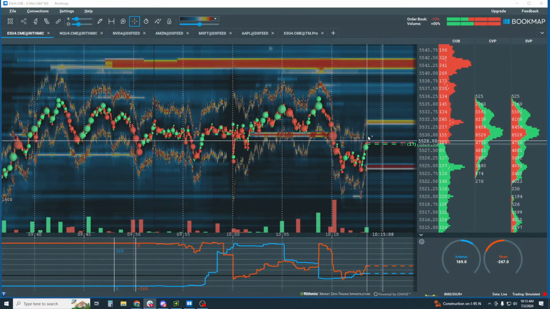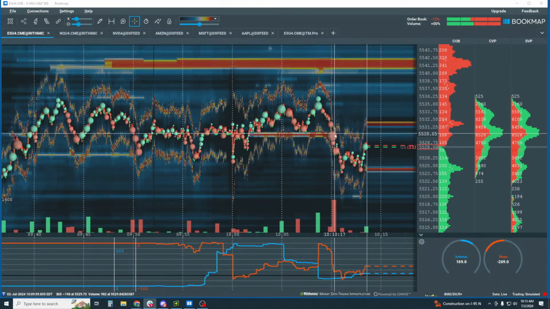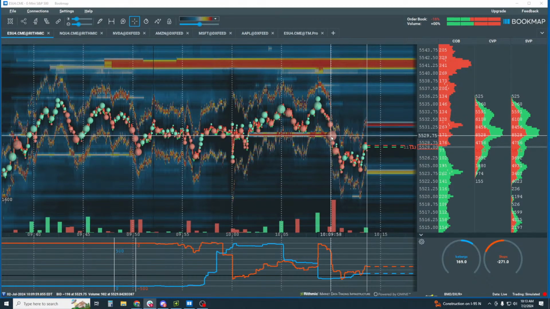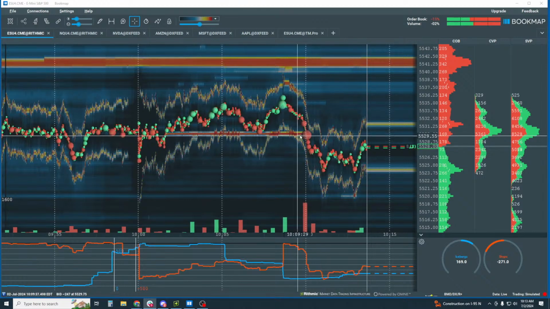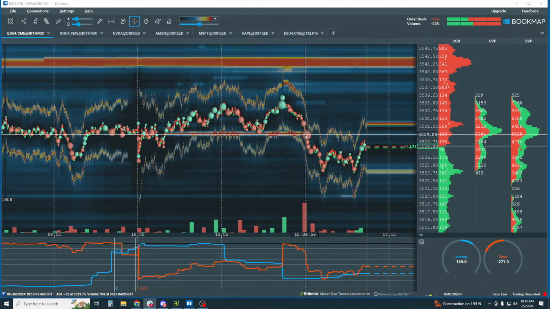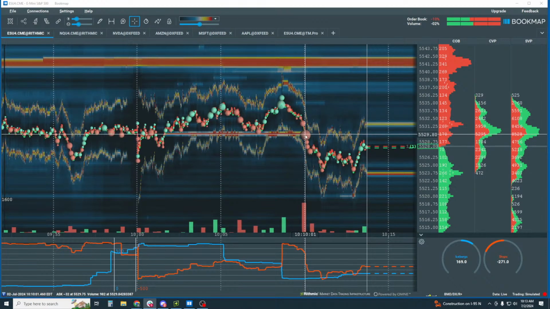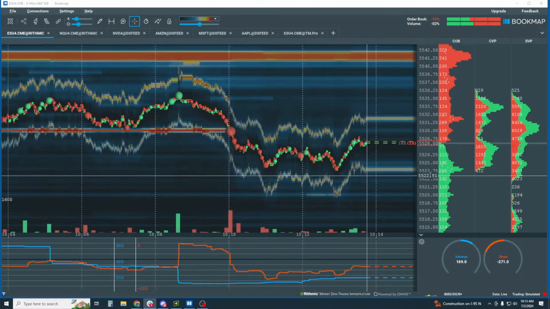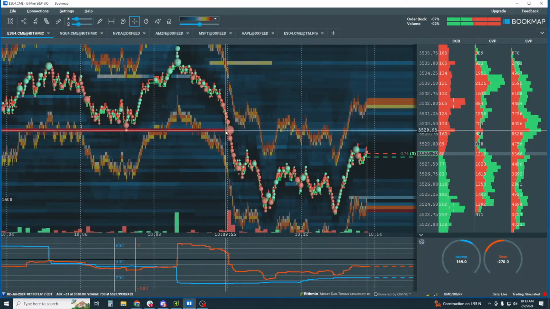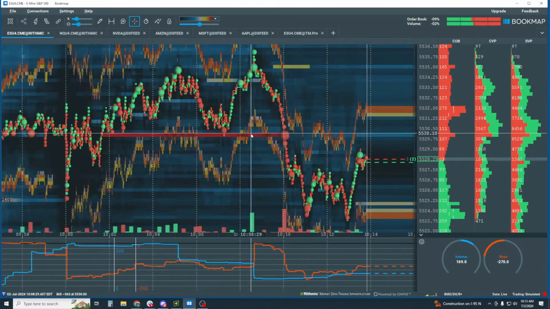It looks like it so far as we start to see the buyers pick up in here. This is the place to look for it to retest right here at this 29 3/4 or 30 level here. Let's see. Yeah, it's 30.